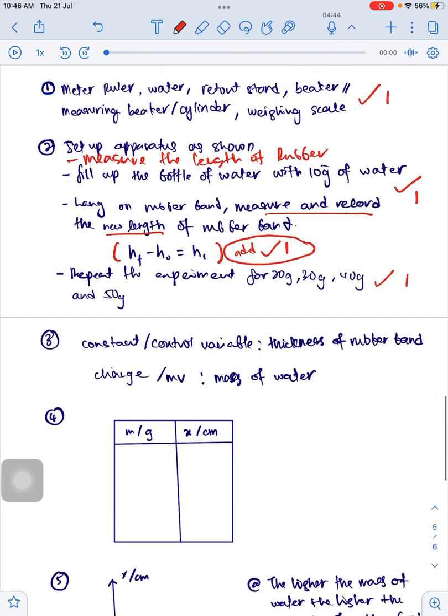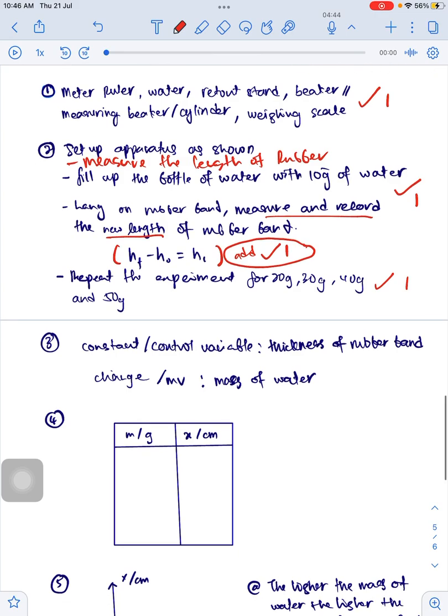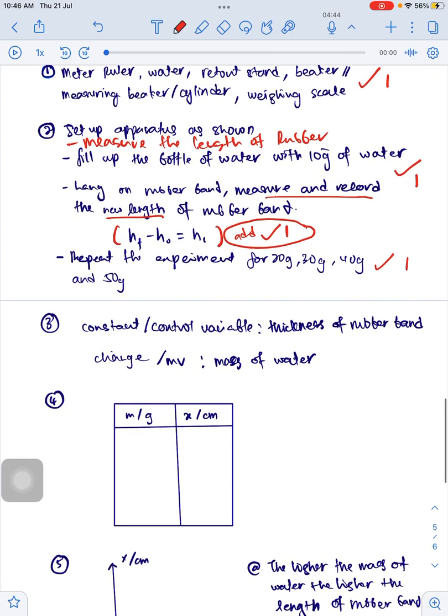Alright, okay, so I just circle it first. And then the control variable is the thickness of the rubber band, or the size or diameter of the rubber band. And then the change is the mass of water. This question is not one question, but 2. Okay, these 2 correct, and then you get 1 mark.